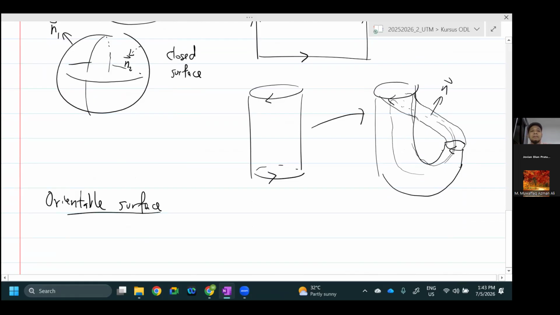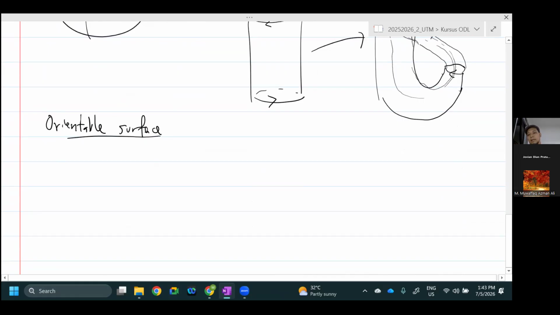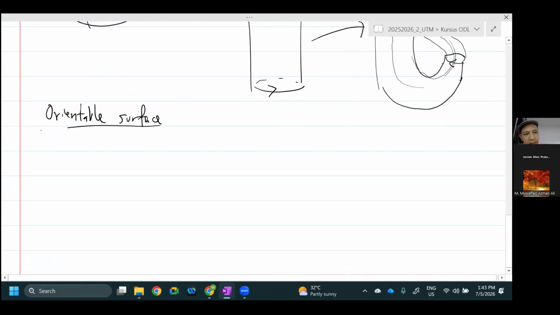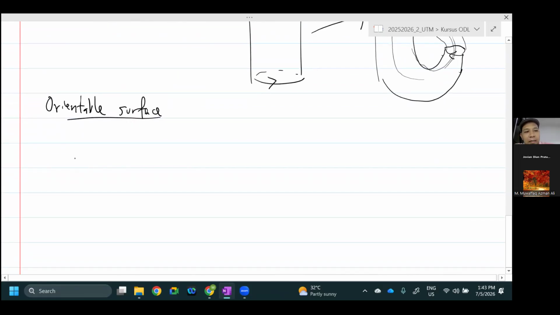So next part. How to represent this orientable surface? There are 3 ways I can classify to represent this surface. The first way is to use a parametric equation.